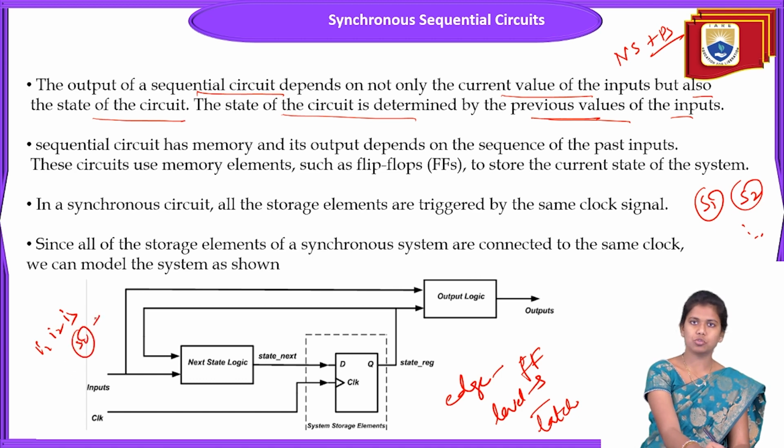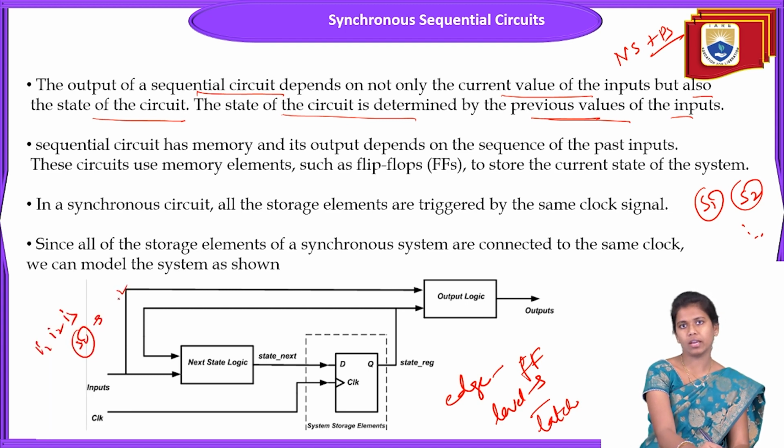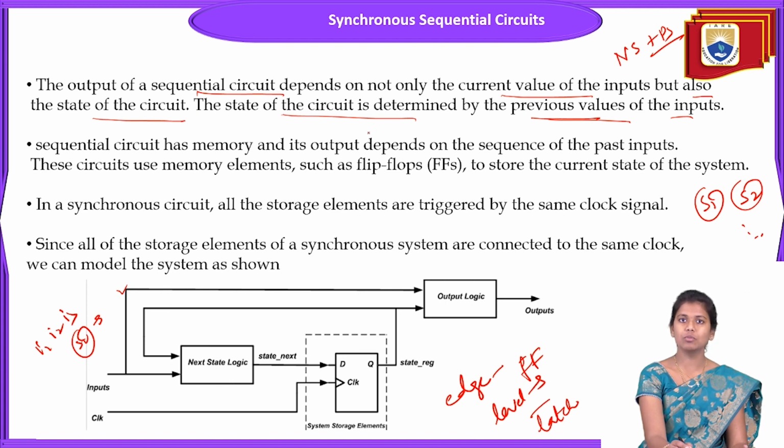For state S2, the information should hold the previous inputs, that is I1 or I2. So how is the state of the circuit determined? Only with the previous values of the input is the particular state of the machine determined.